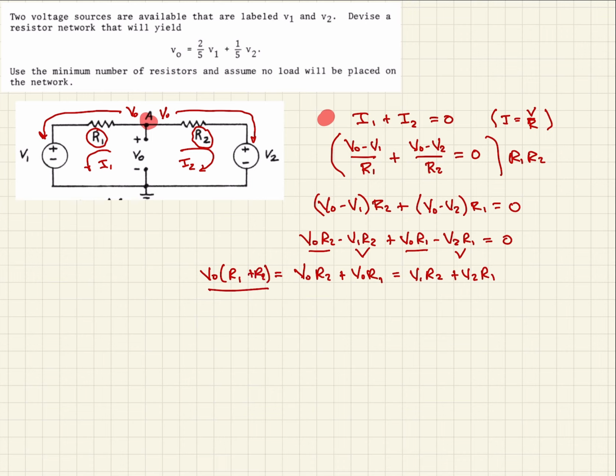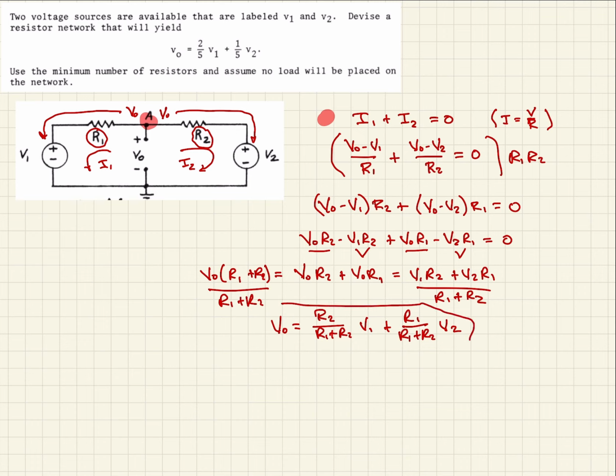Now if we divide both sides by R1 plus R2, we have V0 equal to R2 over R1 plus R2 times V1, plus R1 over R1 plus R2 times V2.